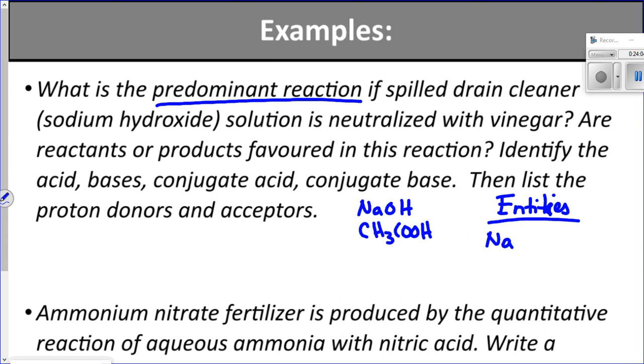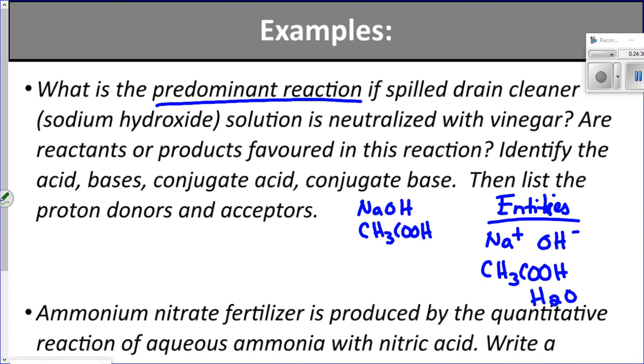So my options are sodium ion, hydroxide ion. Acetic acid is a weak acid. If you look on your chart, it's down on the second page on page 9, the second from the top, CH3COOH. And it's a weak acid, so I write it as is. And I always have water, also as an entity.